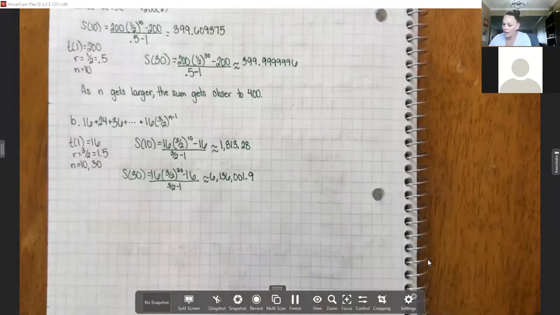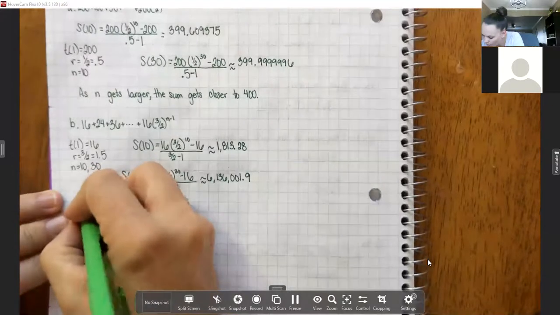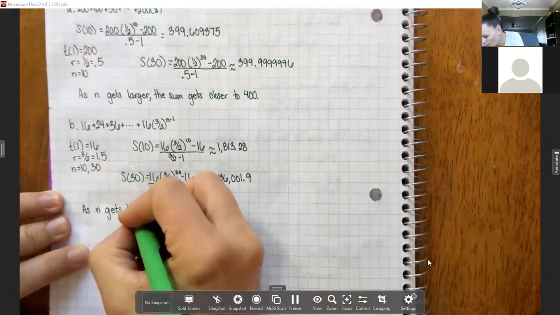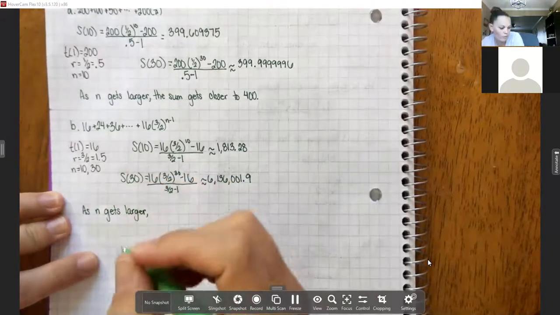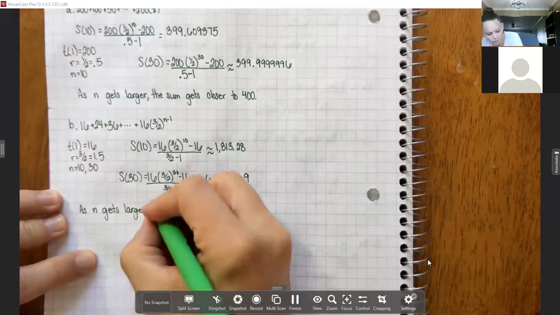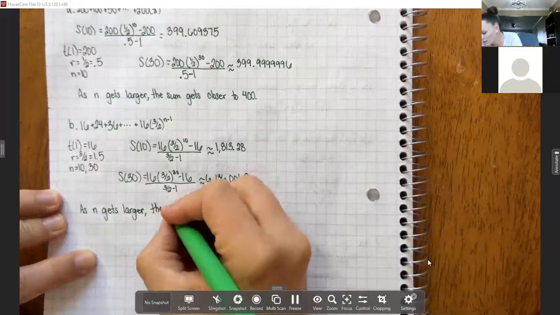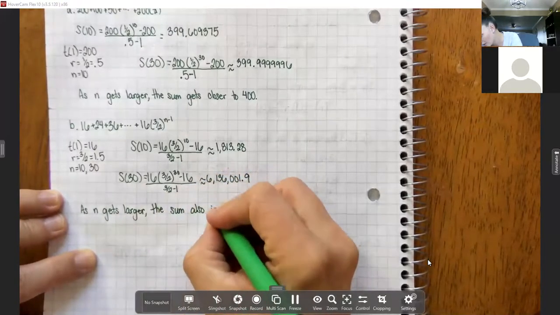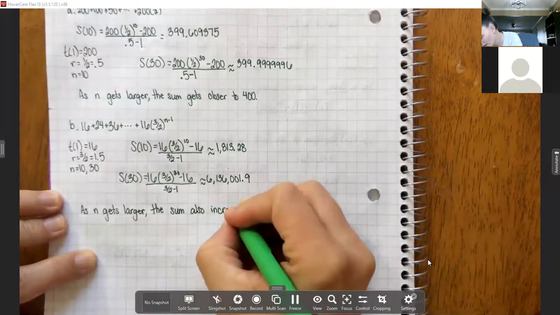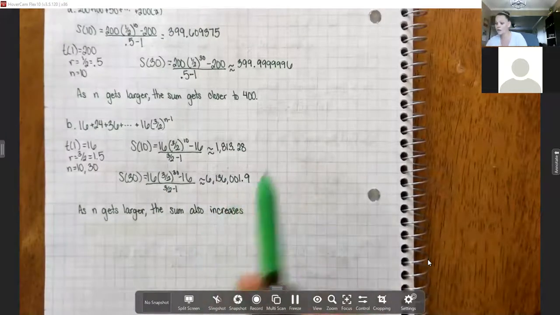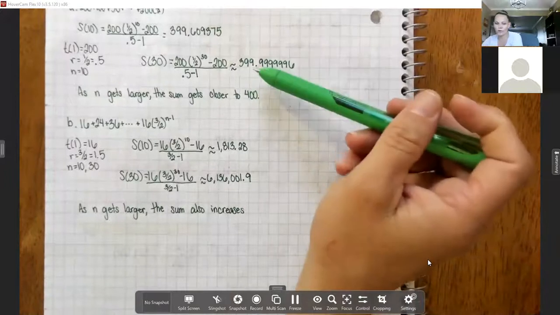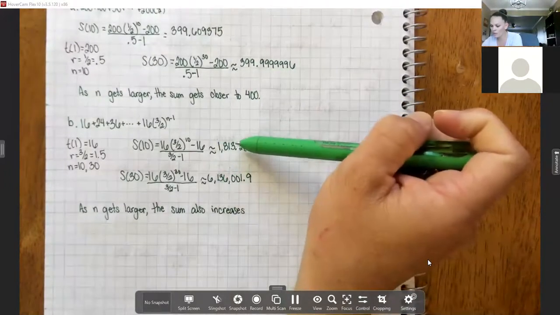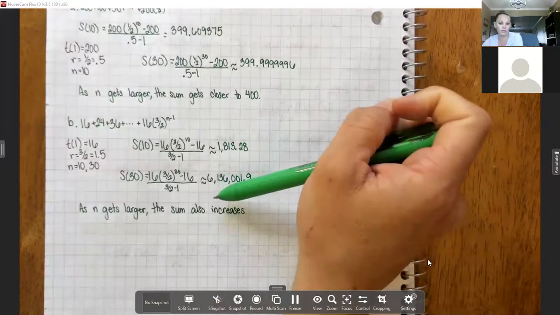So here, as n gets larger, the sum also increases. And in this case, by a lot, right? Here we added 20 more terms and we only went up 0.4. Here we added 20 more terms and we went up over 6 million.